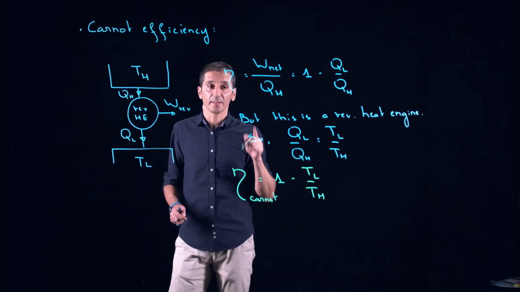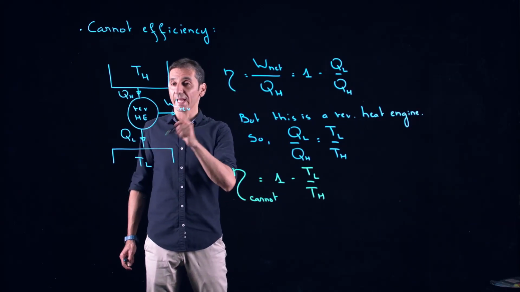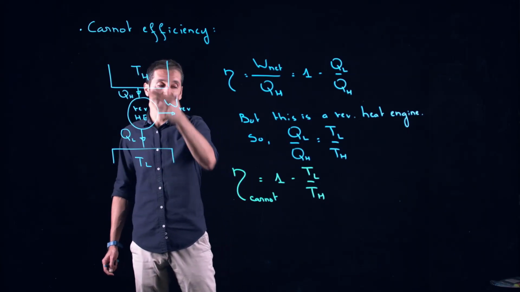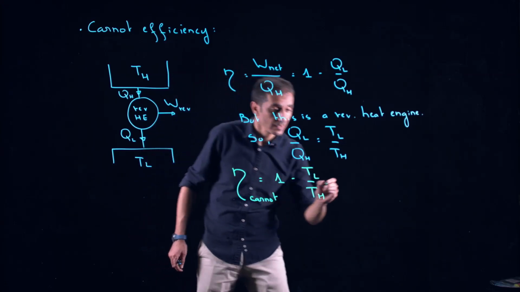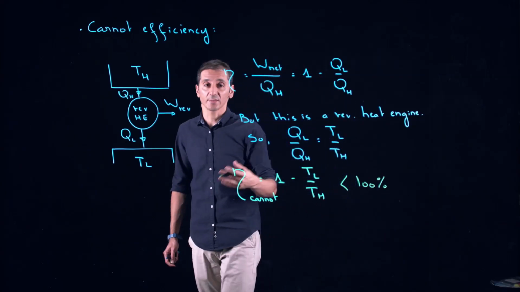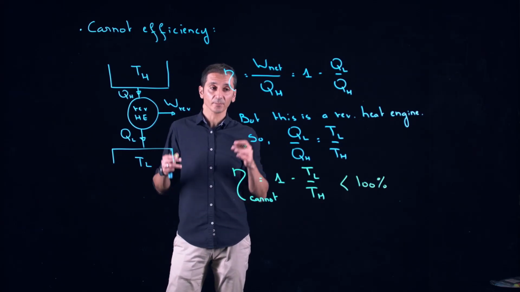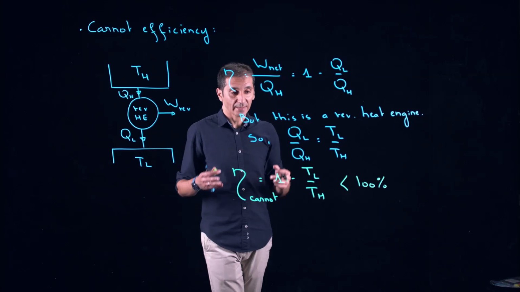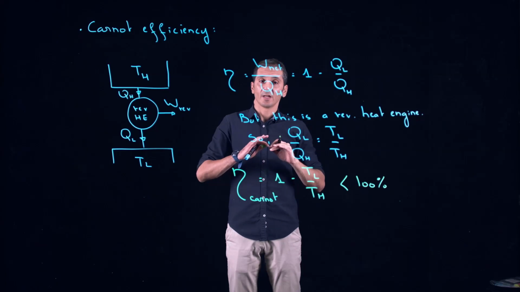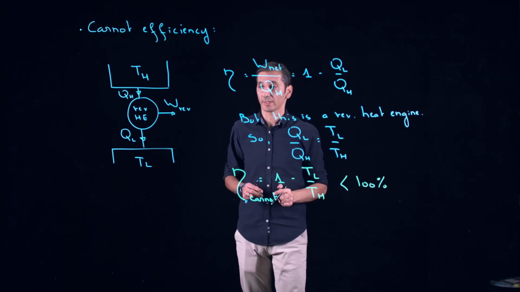And this will represent the maximal thermal efficiency we can get for this heat engine, but also for any reversible heat engine and for any heat engine running between TL and TH. And obviously, this one is still lower than 100%, okay? Otherwise, if it's equal to 100%, it will be violating the second law of thermodynamics. What does it mean? This means that as soon as you set the temperatures TL and TH, the maximum you can get from this heat engine is defined by 1 minus TL over TH, okay?